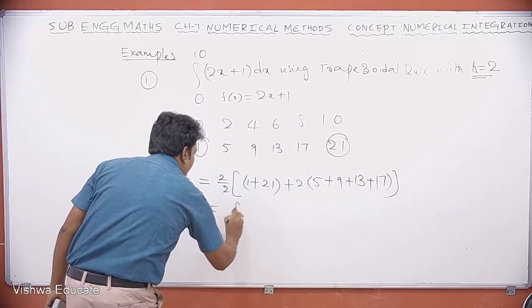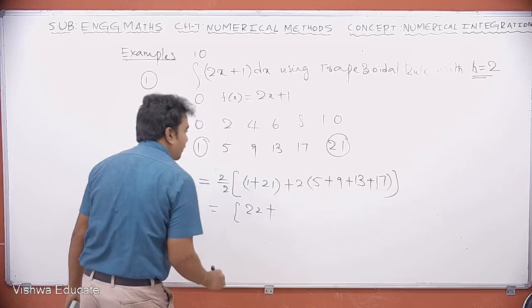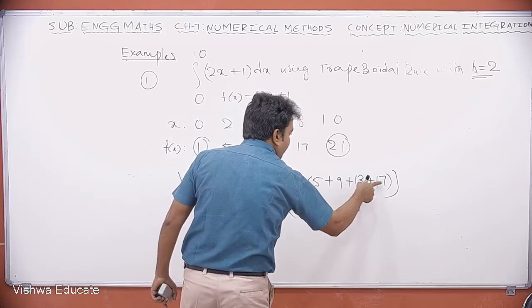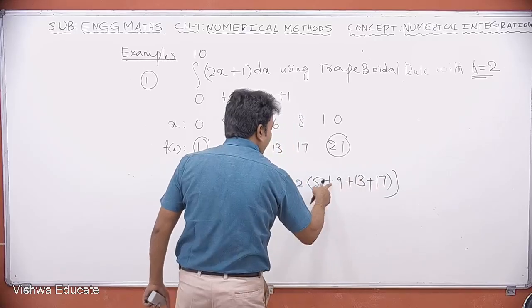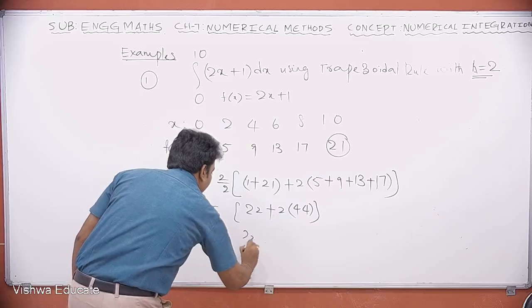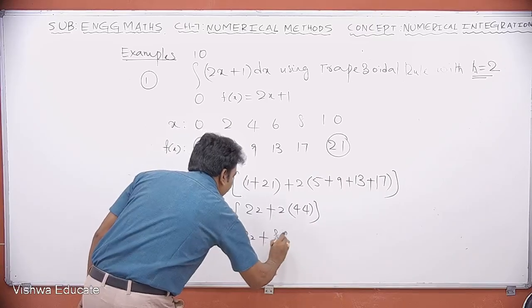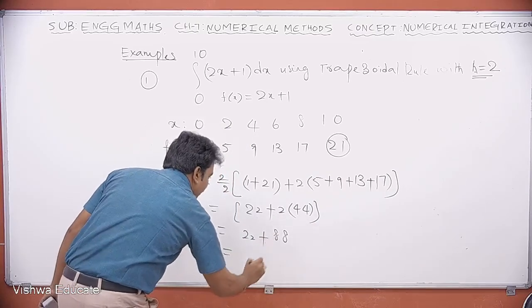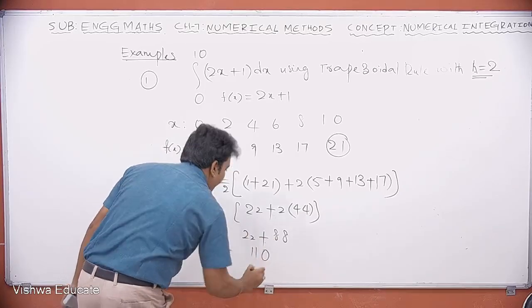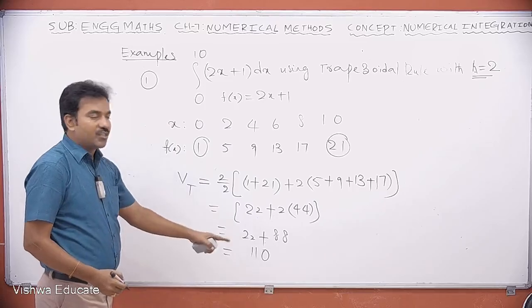Now this is nothing but 22 plus 2 times of, so this is 13 plus 17, 30, 30 plus 14, 44. So therefore this is 22 plus 88. Therefore this gives me 110. So value by trapezoidal rule is 110.